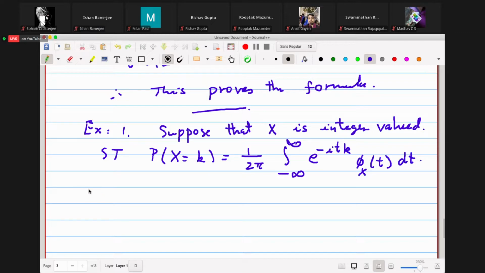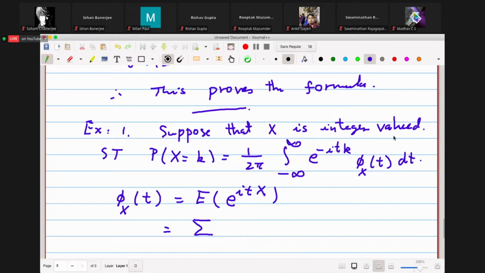So, okay, how do we do this? Now, what you can do is explicitly write the function. By definition, this is the expectation of e power itx, and x is discrete valued, so it will become a sum.